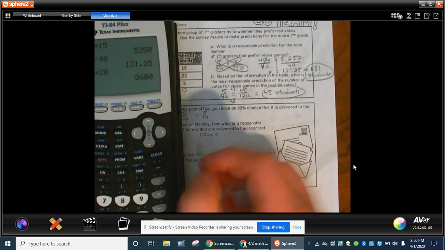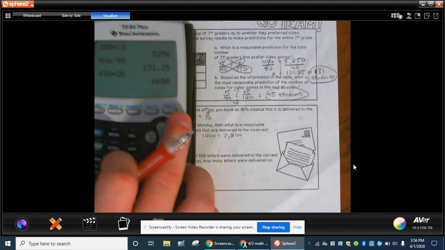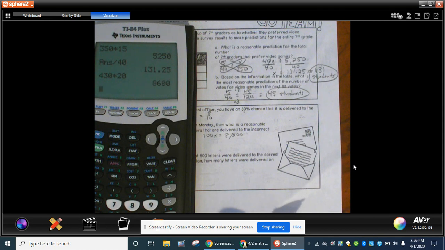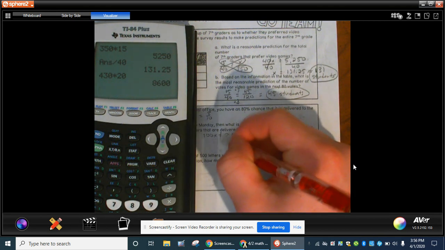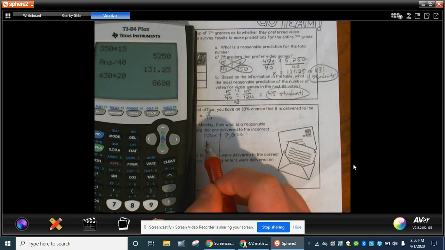So 100x is equivalent to 8,600. Okay, I have a one-step equation, so I want to solve it using my knowledge. 100x is being multiplied together, so I've got to get rid of that coefficient 100.